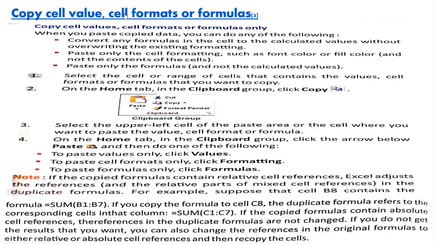Next, go to the Home tab, and in the clipboard you will get copy options, or you can press Ctrl+C also. Third step, select the upper left cell of the paste area or the cell where you want to paste the value. Next, on the same Home tab in the clipboard you will get paste options. From there you can paste the values, you can paste the format, you can paste your formula as well.